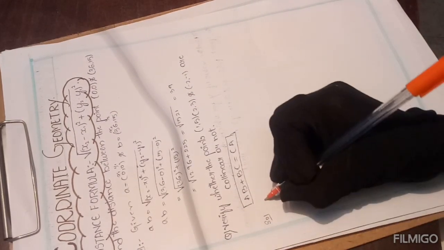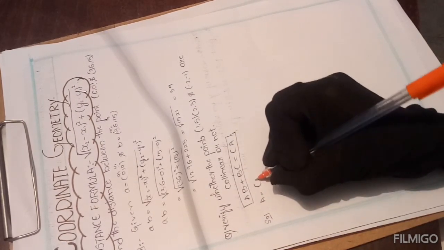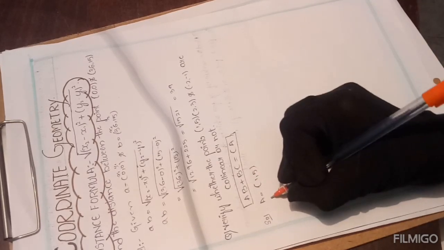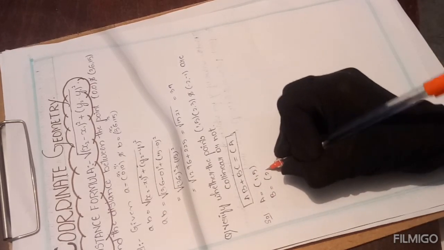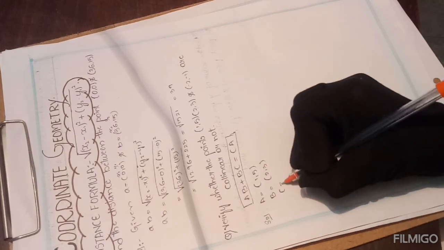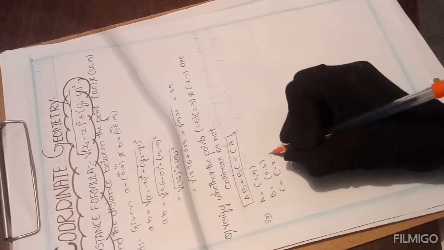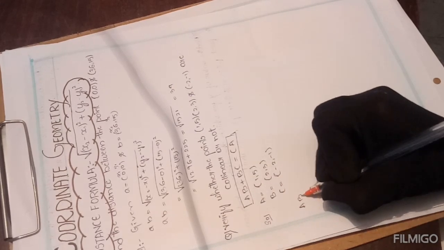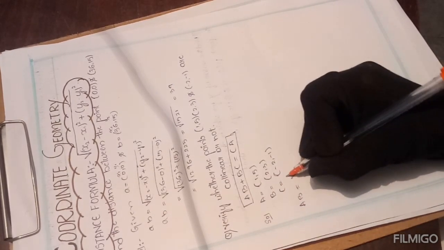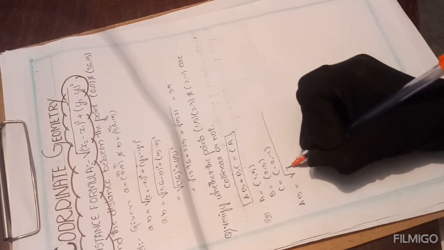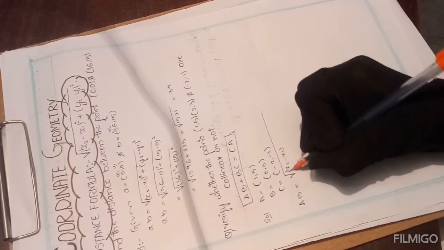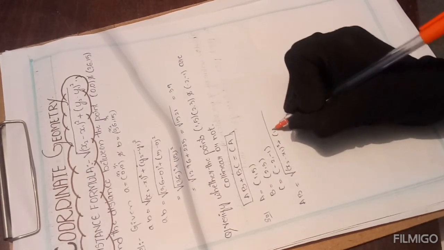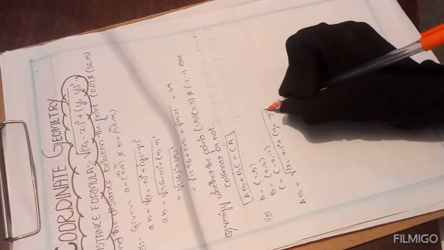Solution: let A equal (1, 5), B equal (2, 3) and C equal (-2, -1). The distance AB is equal to the square root of (x2 minus x1) whole square plus (y2 minus y1) whole square.